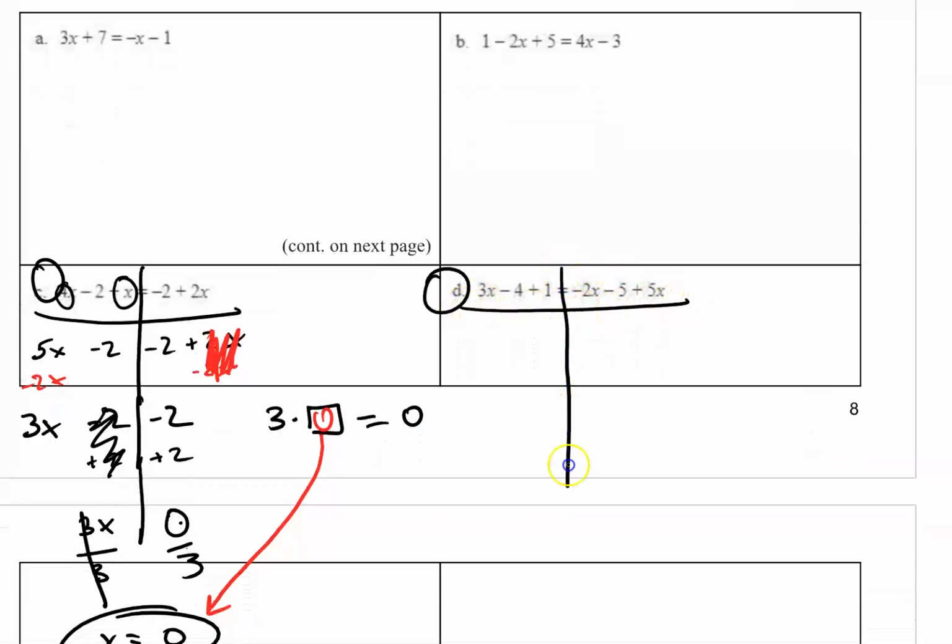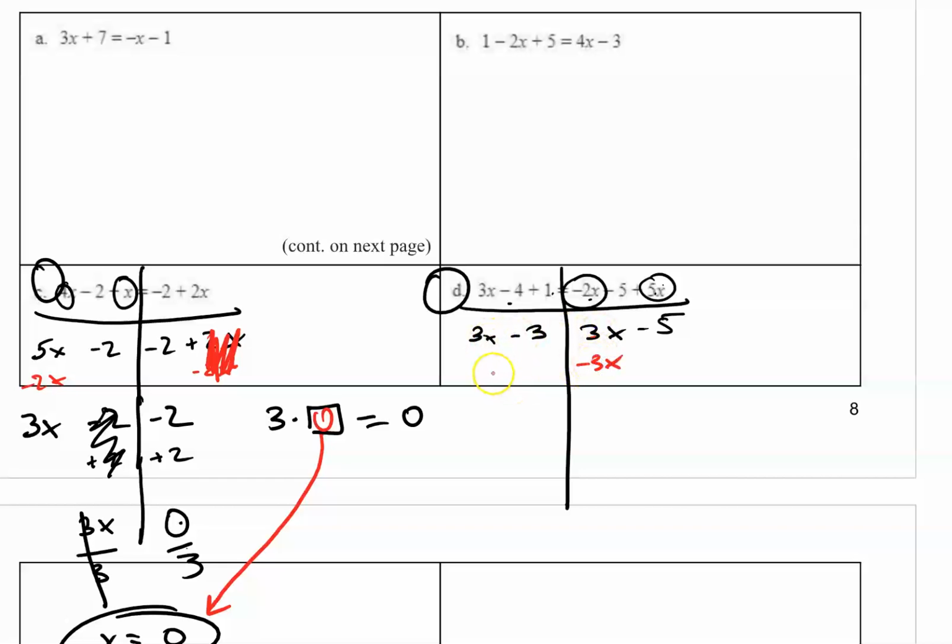Last one, part D. Combine like terms on each side. I've got 3x, and then negative 4 plus 1. Negative 4 plus 1 is negative 3. On the right side, I've got negative 2x and 5x. 5x minus 2x, that's going to be 3x. Okay. I can kind of tell this is going to be a special case because you have 3x on both sides.